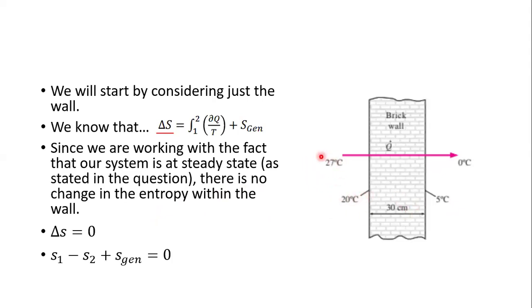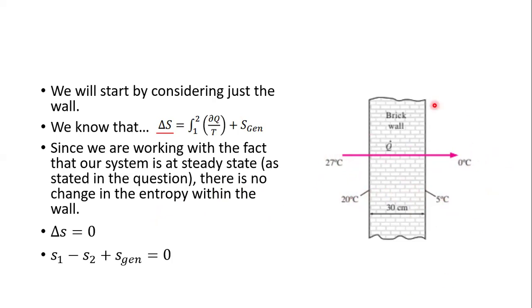The heat transfer is not just happening across the wall. It's happening from the outdoor through the air there to the wall, then through the wall, and then to the indoor. Right. So because we are working from outdoor all the way to indoor, the heat transfer is coming from the point of 27 degrees Celsius to the point of 0 degrees Celsius. If we consider just the wall, then we can use 20 and 5.